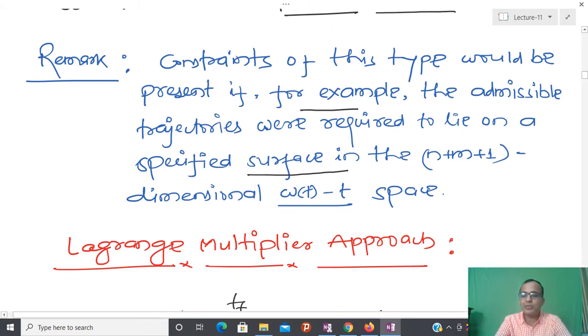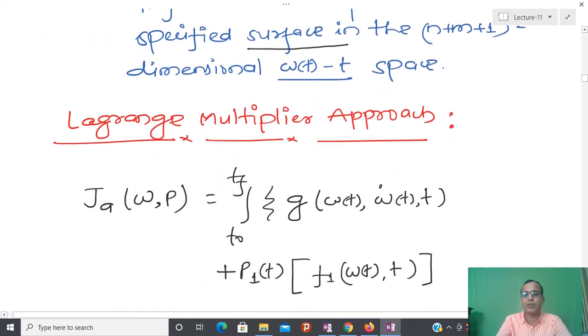Now let us see how one can solve this problem. I have already told you that whenever I have a constrained extremization or optimization problem, one can solve it in two different ways. One way is the direct way, which is elimination.